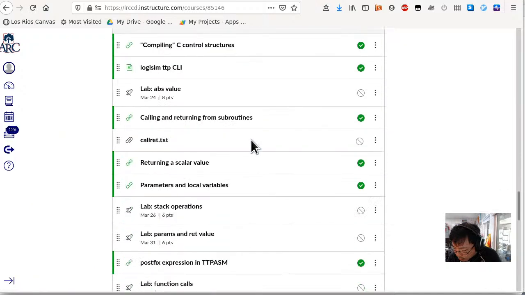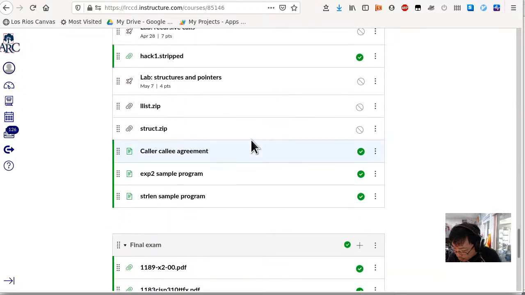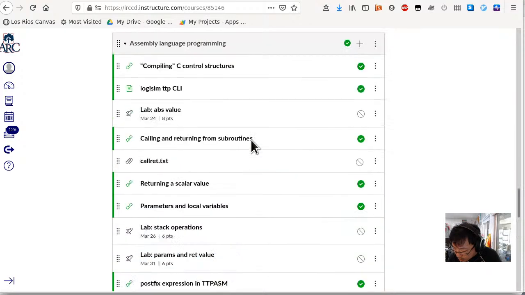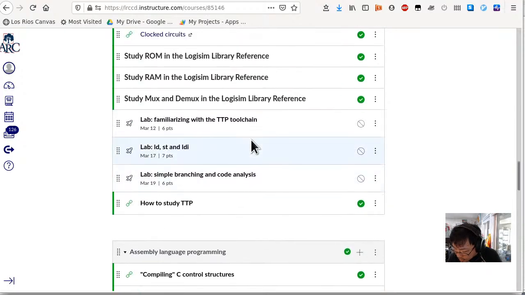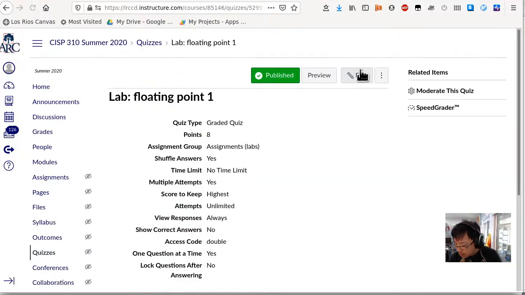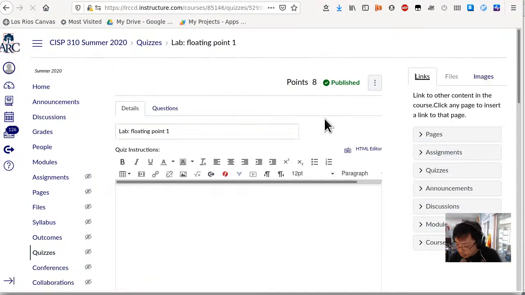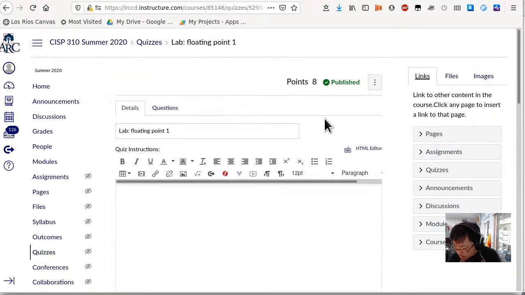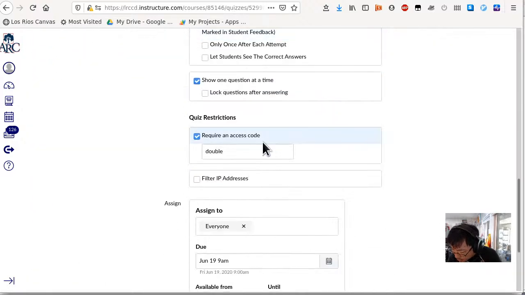It is already released, but I need to give you the key to actually do it. Oh, way too much. Go back up. Alright, so the key is just double. I'm going to put it in Discord too.